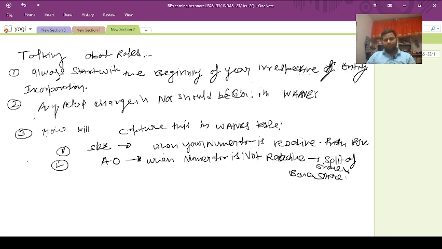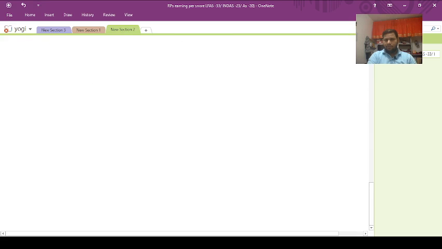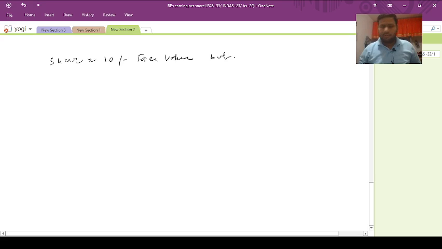Now let's discuss one more thing, what I call equivalent number of shares, which is very important here. Sometimes, let's say you have a share whose face value is 10 rupees, but it is paid up to 5 only.